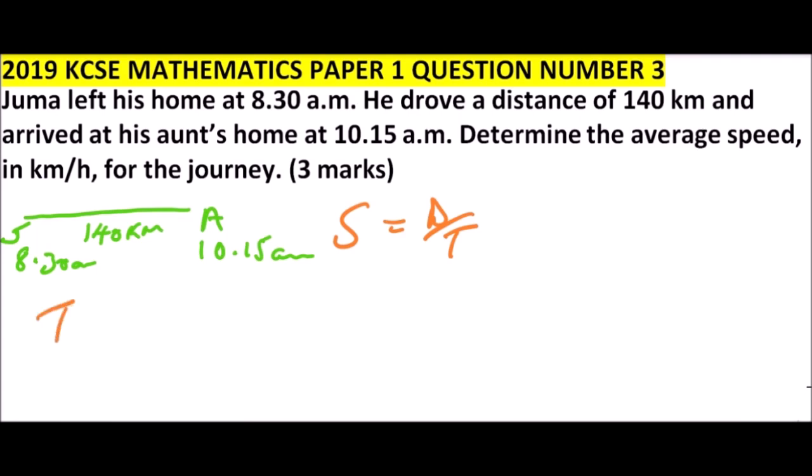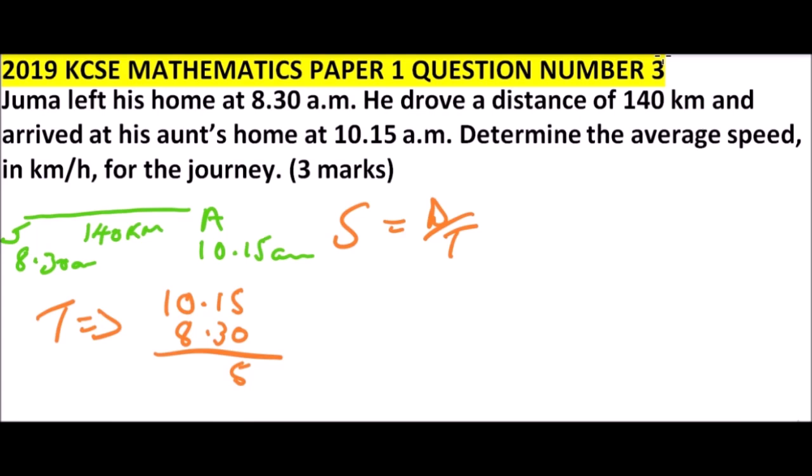So time is equal to, you subtract 10:15 and 8:30, because both are in AM. So we subtract, this is 5, here we have 15 minutes, so we say this is 5, this is 1, minus 3.